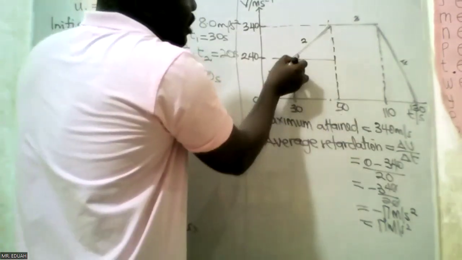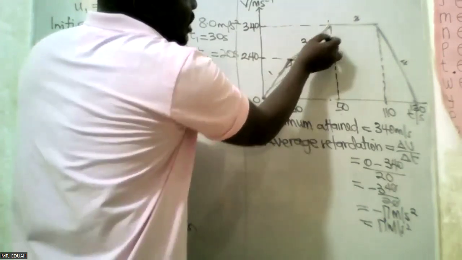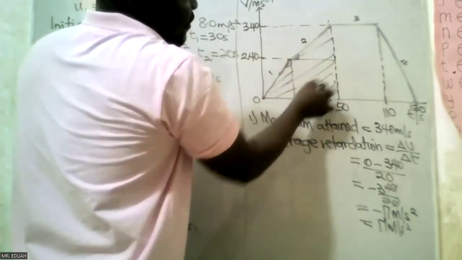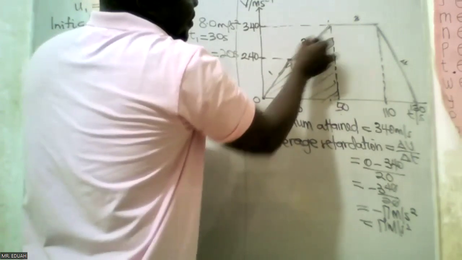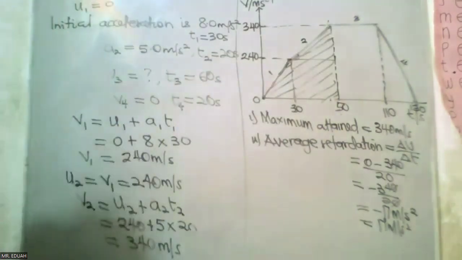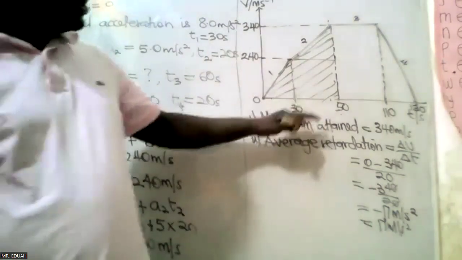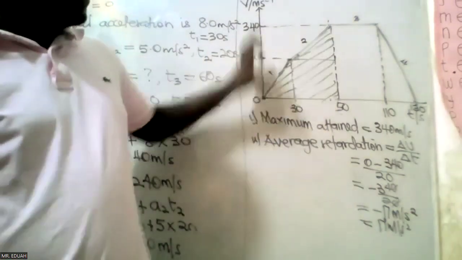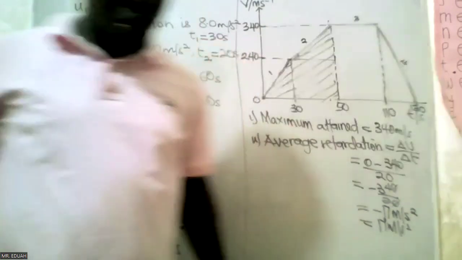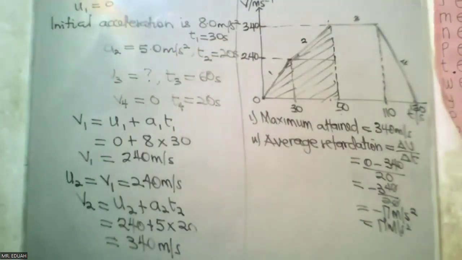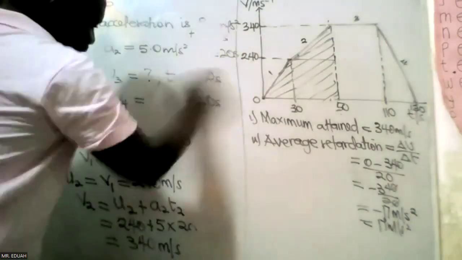So we are only limiting ourselves to this shape of the graph. Do not calculate everything, no. During the first 50 seconds.